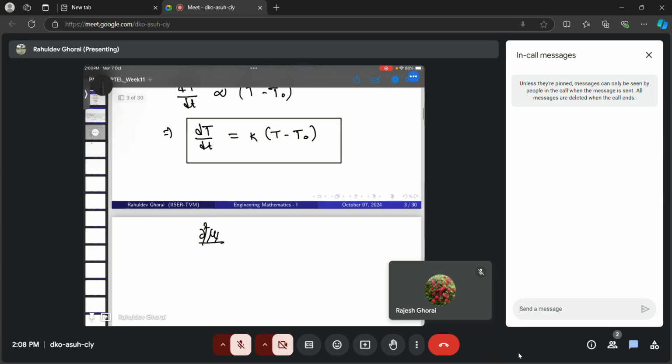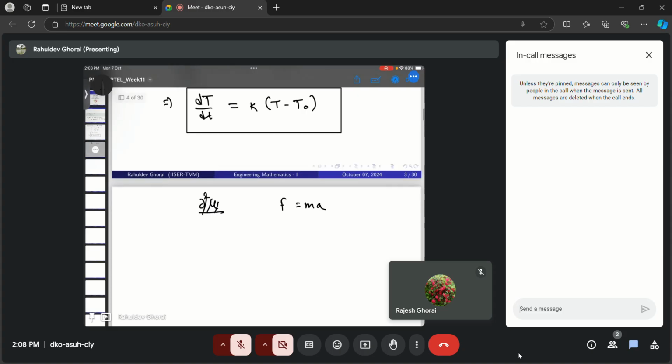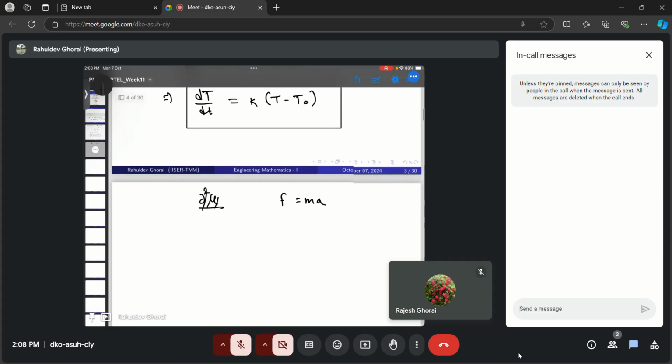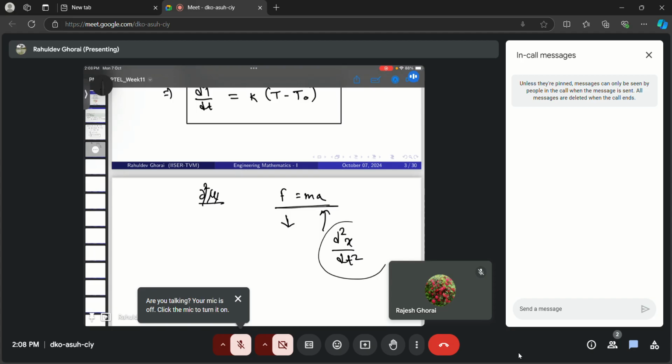Then you have F equal to ma, Newton's law, where you also get a second order differential equation, because you can write a as d2x/dt2. So you get a differential equation here also.